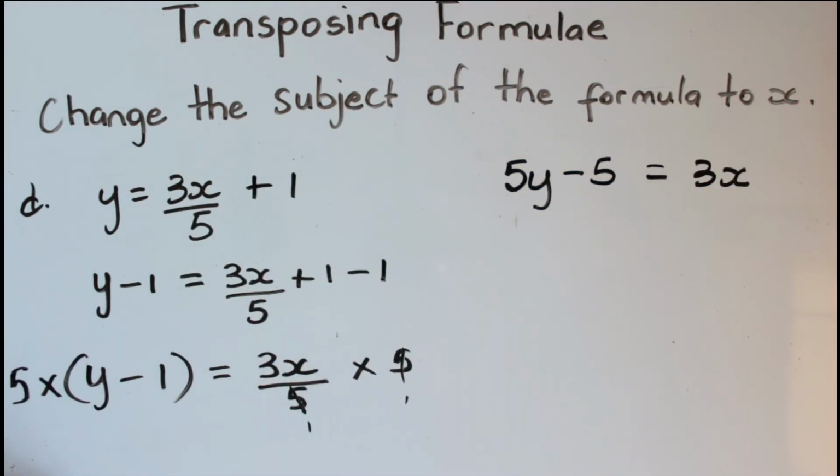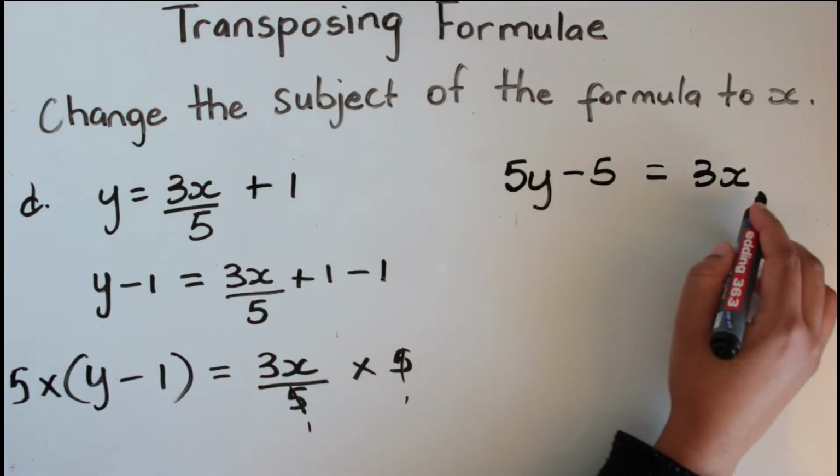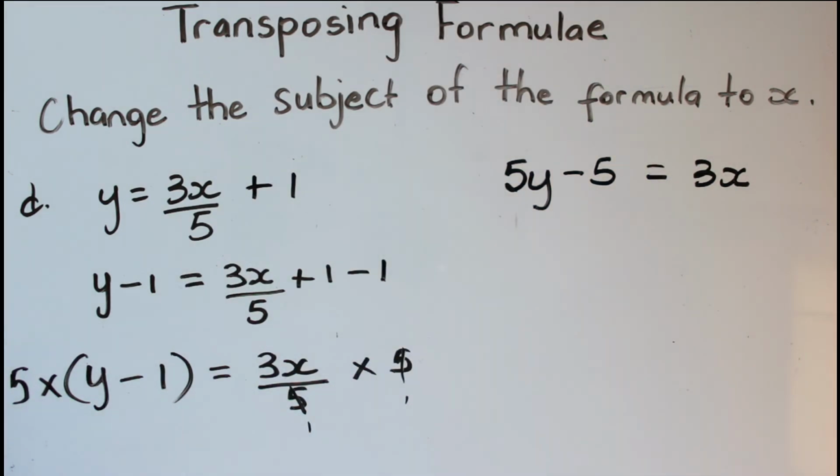Looking lovely so far, but we still need to get rid of that 3 because we need the x by itself. This 3 is being multiplied by the x, so in order to get rid of it, I need to do the inverse operation, which means I'll divide both sides of the equation by 3.